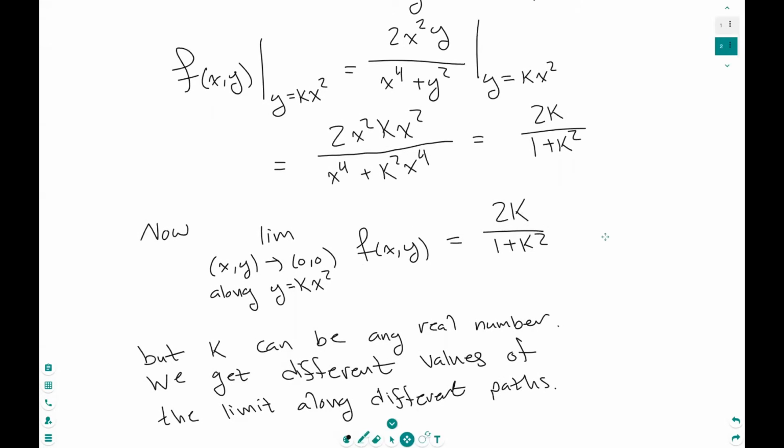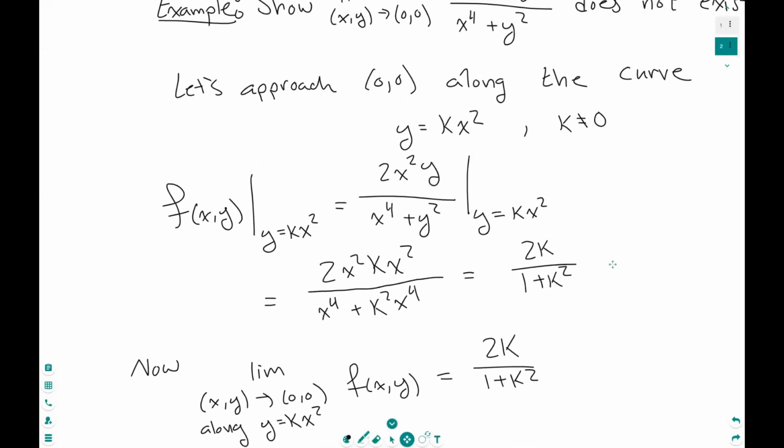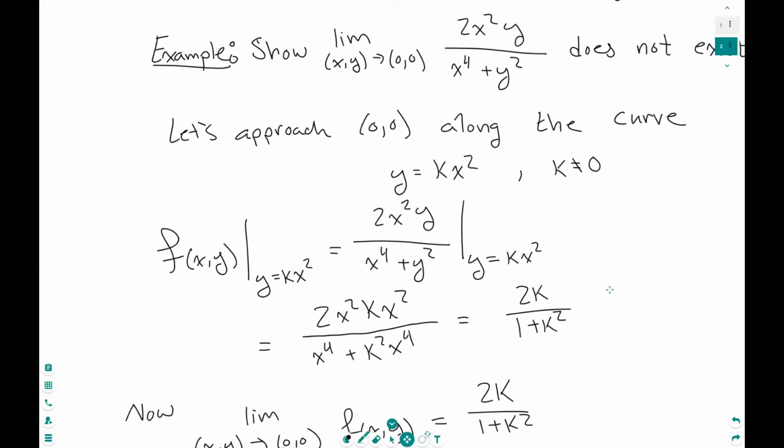Right? If I chose two different paths and I got the same thing, that doesn't mean the infinite number of paths available provide the same limit. You might have just accidentally picked two paths that got you the same limit. So it's really hard to prove that a limit exists using this type of methodology, right?